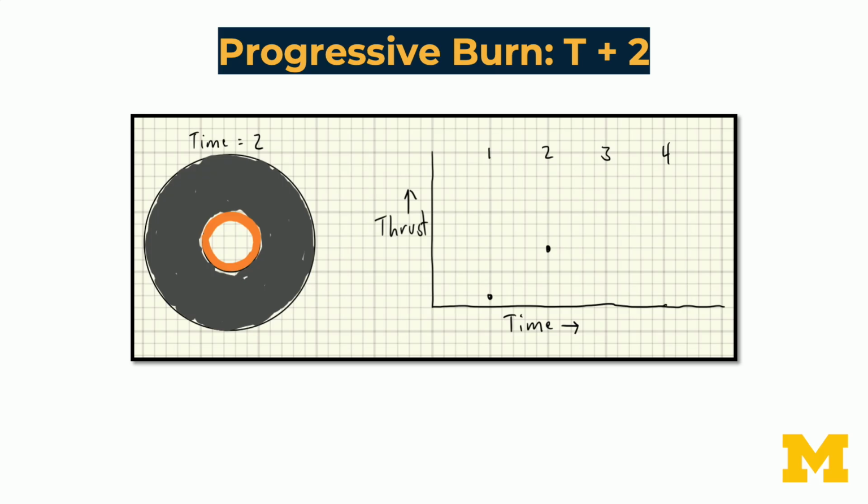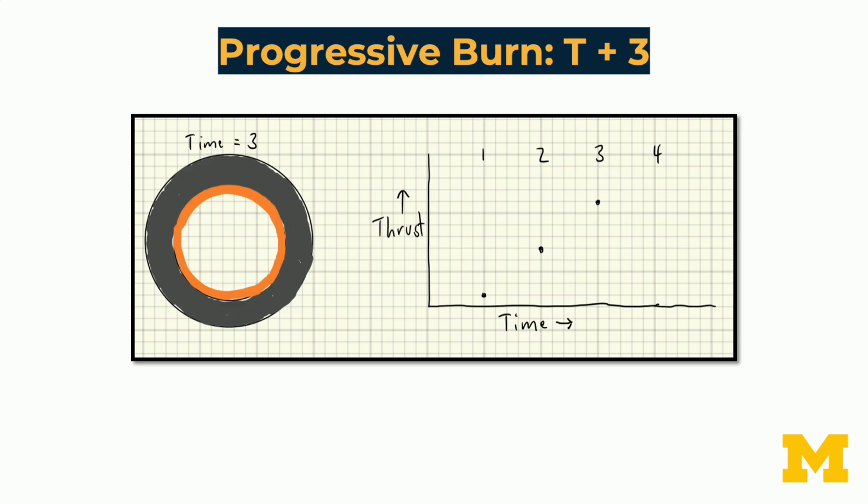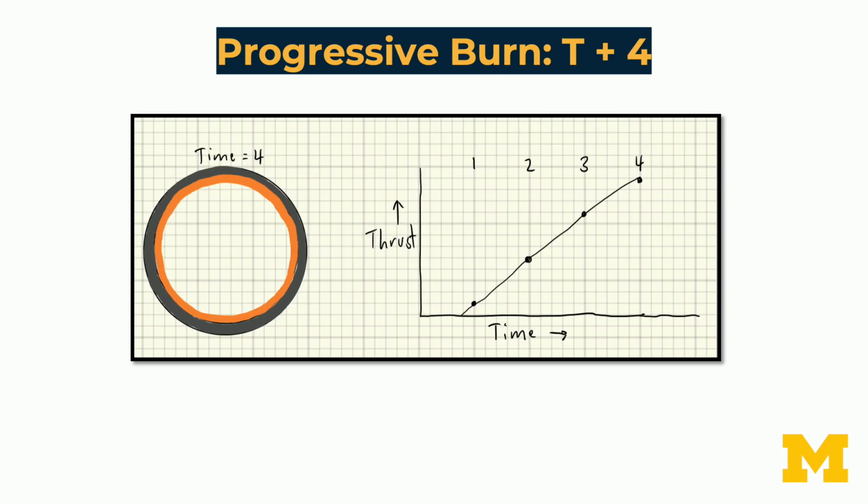So if you look at the thrust versus time, the thrust is actually increasing because the amount of grain that's exposed is increasing, so the amount of fuel that is burned is increasing. If you keep looking through this for further and further times, the thrust increases over time until the very end when there's no grain left and then the rocket just stops burning. So this is what's called a progressive burn, because the thrust increases with time as the grain exposure increases with time.